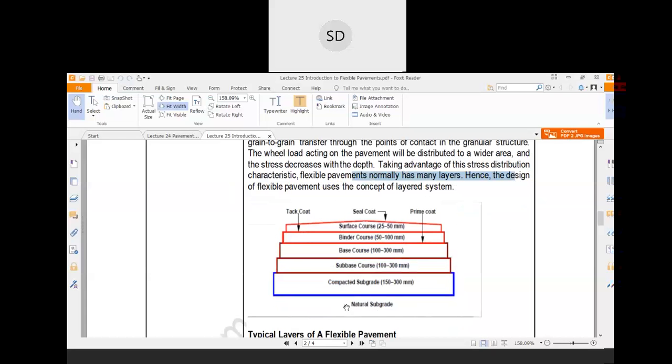So these are the different layers of the flexible pavement. In the bottom portion, that is the natural subgrade. Then sometimes you can use compacted subgrade, and this total thing is subgrade. Now the minimum height or range of the depth of the different layers is important for you.